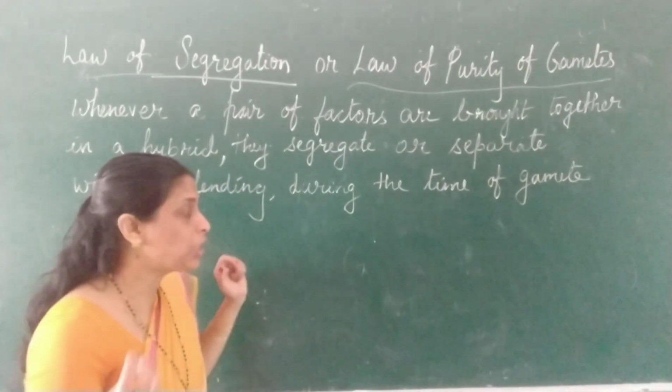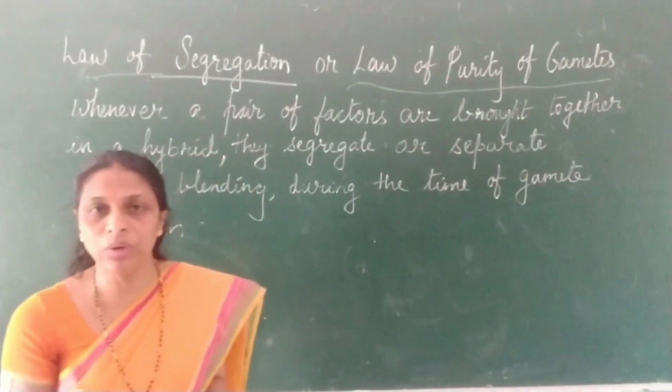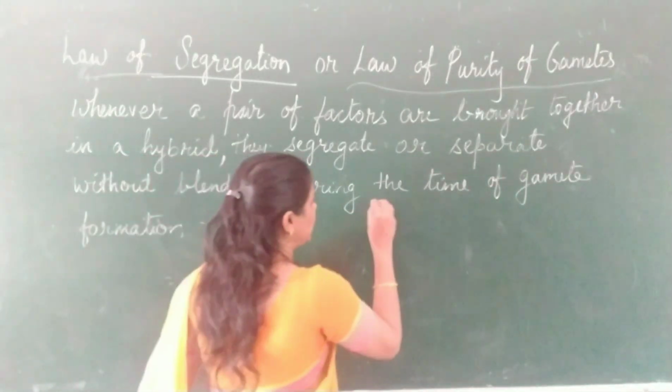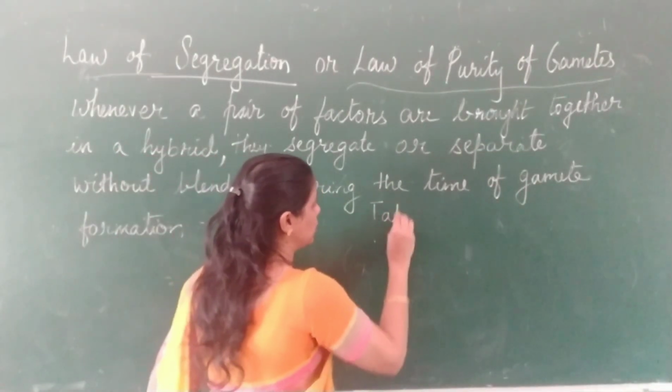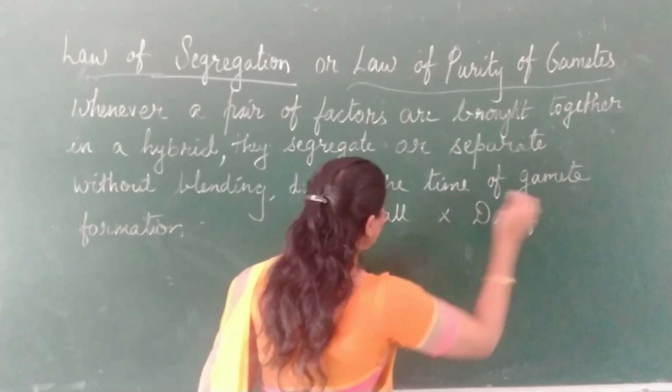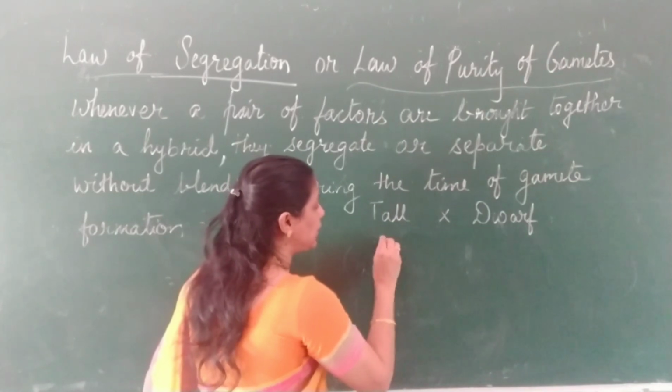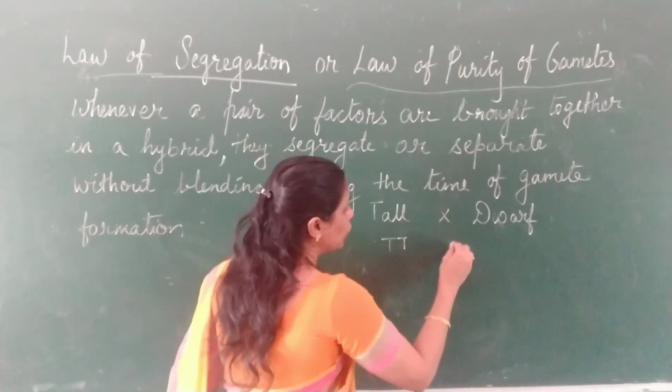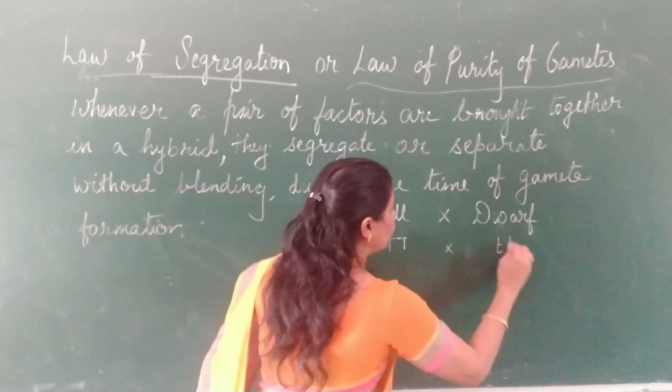Now let me explain this with the help of the same experiment we have discussed. That is, when a tall pea plant was crossed with a dwarf pea plant. The genotype of the tall pea plant is written as capital T, crossed with small t.